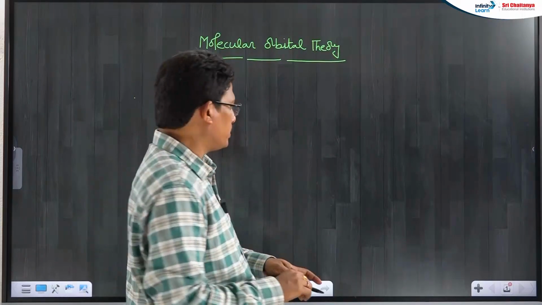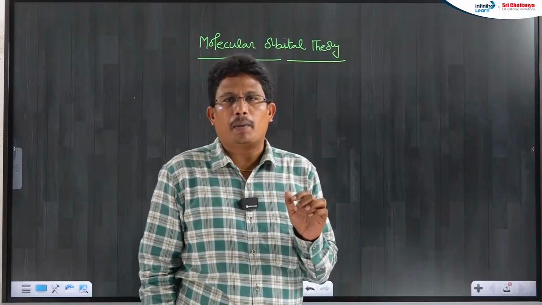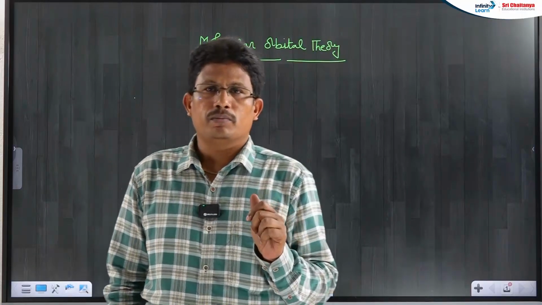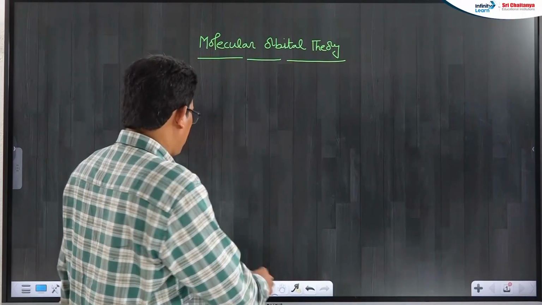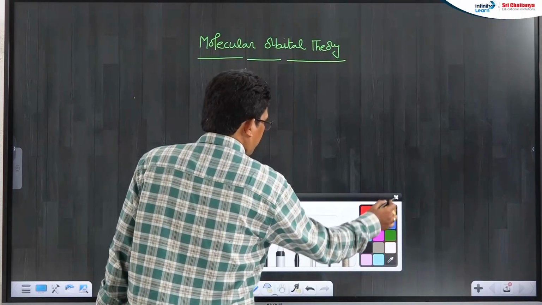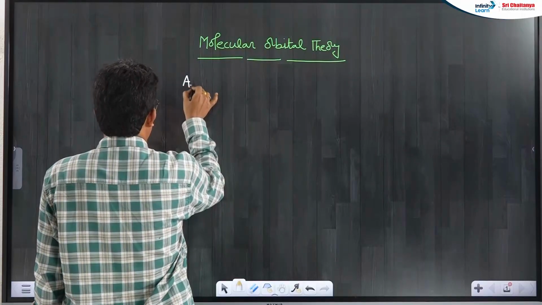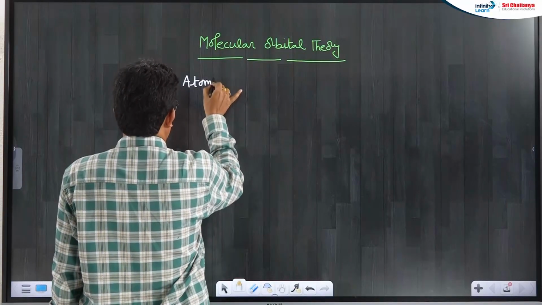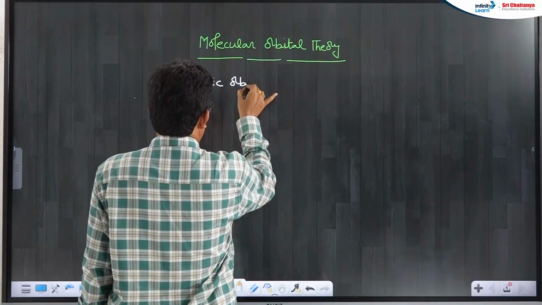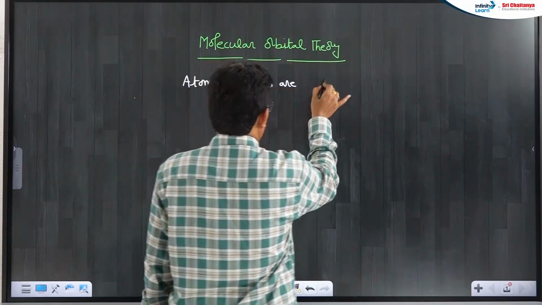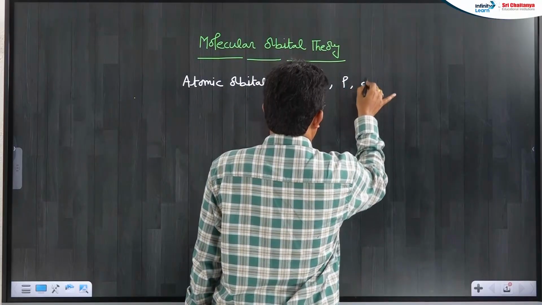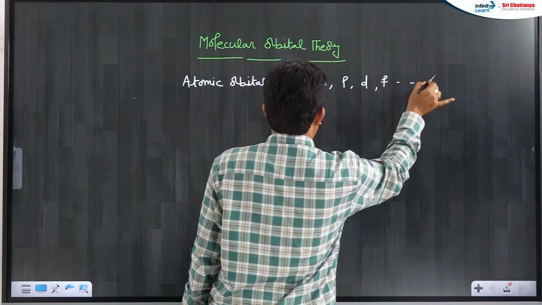In general, the electrons in an atom are present in atomic orbitals. You know atomic orbitals clearly, that is, atomic orbitals are s, p, d, f.